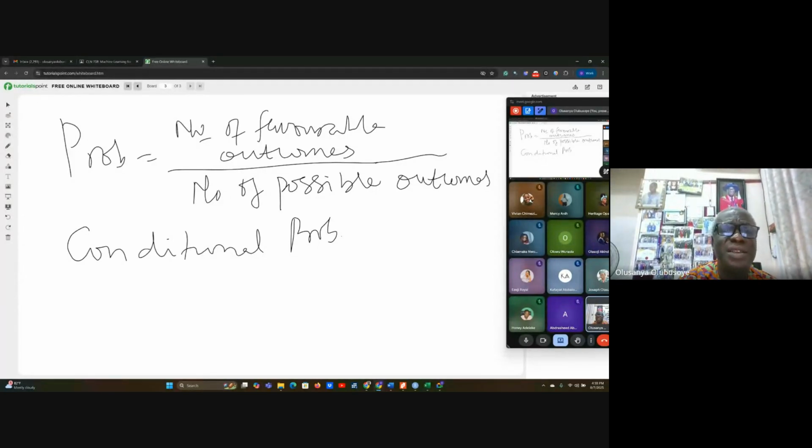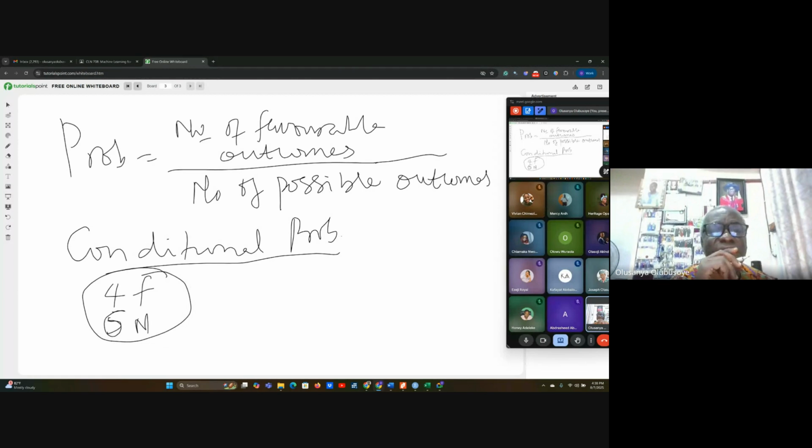Like I said the other time, if you have 4 females and 6 males in the class, and you want to pick 2 students, the first time you pick, you can pick a female, you can pick a male.